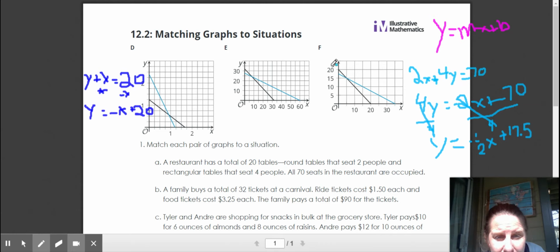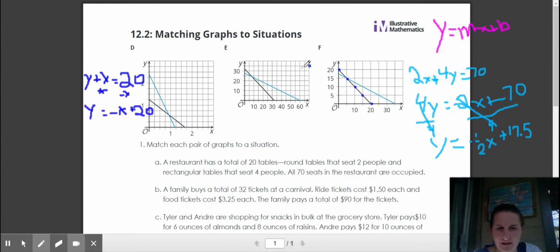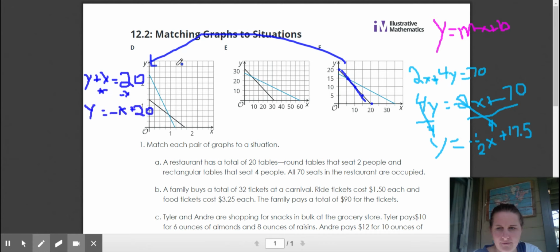So if I look, I've got negative x plus 20. Well, I notice right here, this graph does not have a y-intercept of 20. There's no y-intercept of 20. Right here, there's a y-intercept of 20 that matches, and it is going down by 1 box each time. So this line matches this graph, and let's hope the other one works.